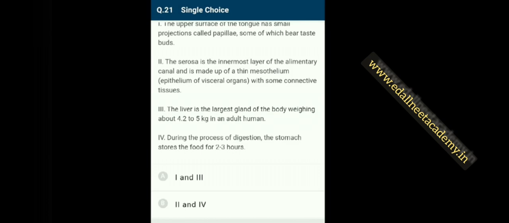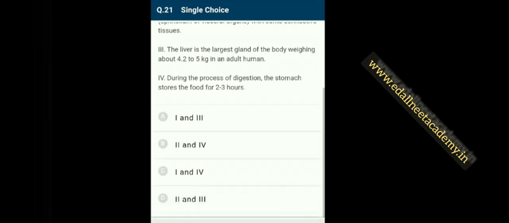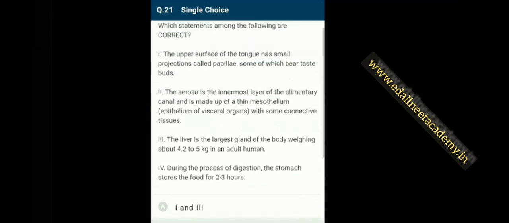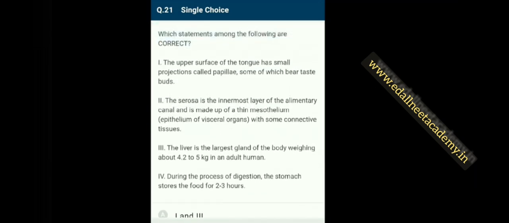The liver is the largest gland that produces bile for the digestive process, and its weight is about 1.2 to 1.5 kilogram in an adult human being. The stomach stores the food for 2.5 to 3 hours. So the answer for this question is option C. From the given four statements, 1 and 4 are correctly given.